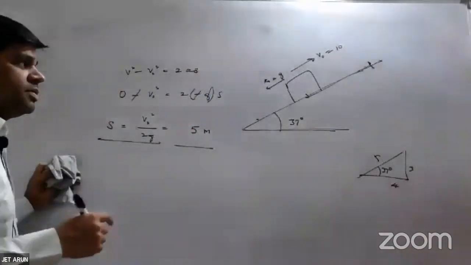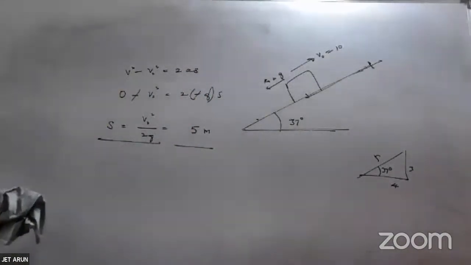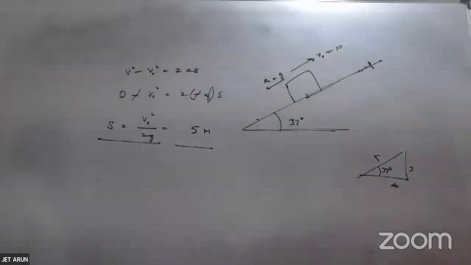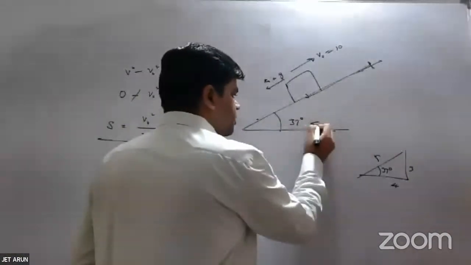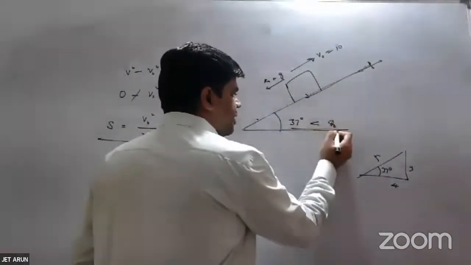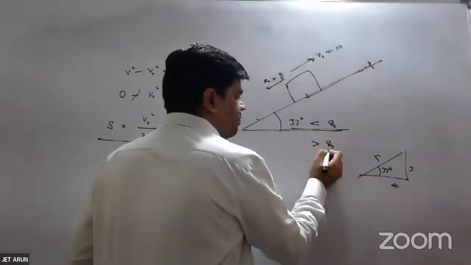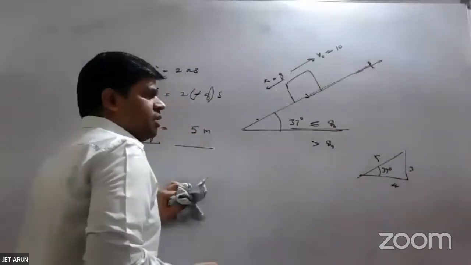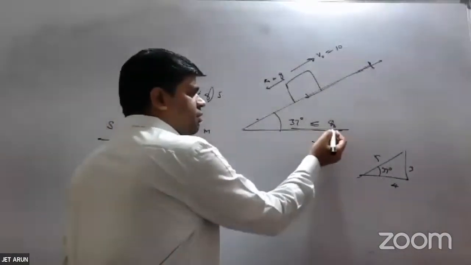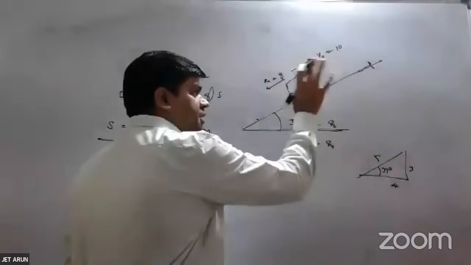Now, once it stops, does it come back? How do I know whether it comes back or not? If this angle is less than or equal to the angle of repose, it doesn't come back, it just stays there.